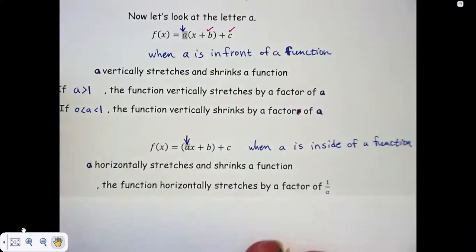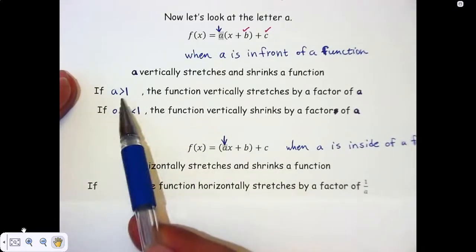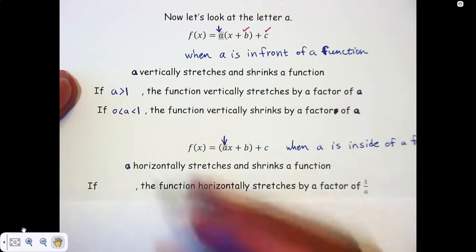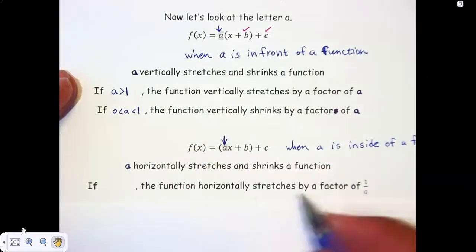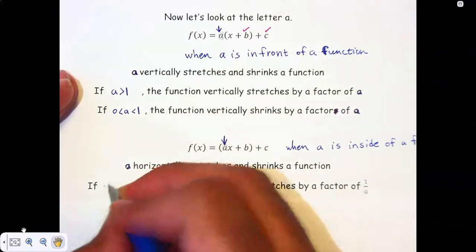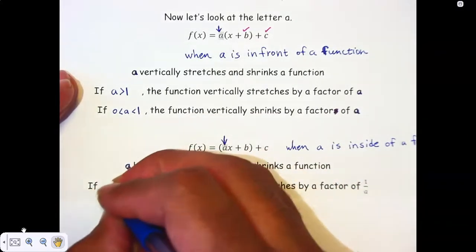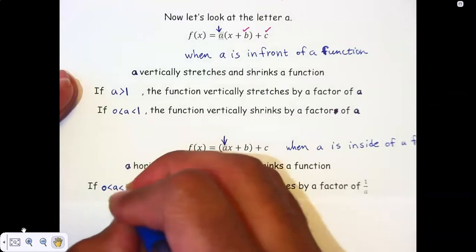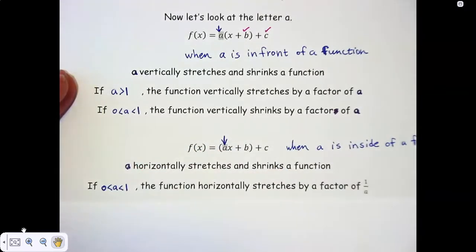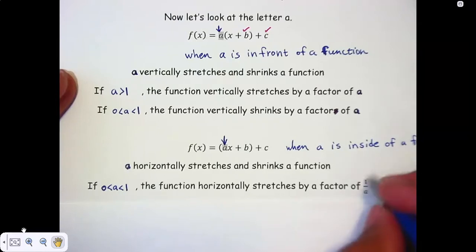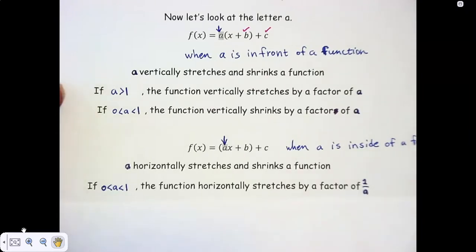All right. Now this time it's going to be a little opposite. Before, we said that if A was greater than 1, it was a vertical stretch. This one is going to actually be between 0 and 1. And again, guys, you're just going to have to remember this. When it comes to a test, maybe I'll let you use your notes on this part because this one can be kind of tricky. The function is going to horizontally stretch by a factor of 1 over A. Right?